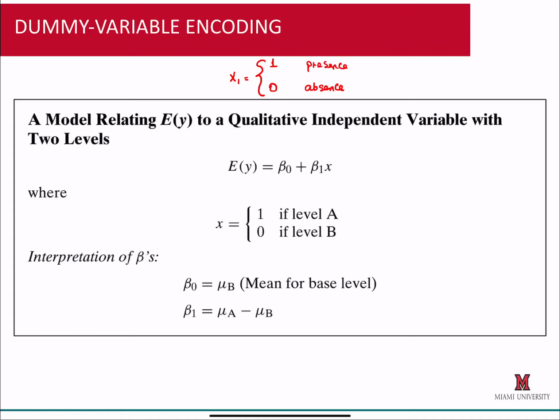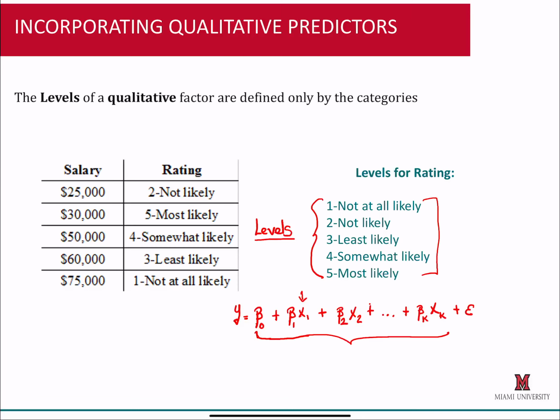Okay, so how can we transform a variable that looks like these, let's say having different ratings, to be a dummy variable? Well, actually, it's not going to work in that way to transform a variable that has 5 different levels to be just one dummy variable.